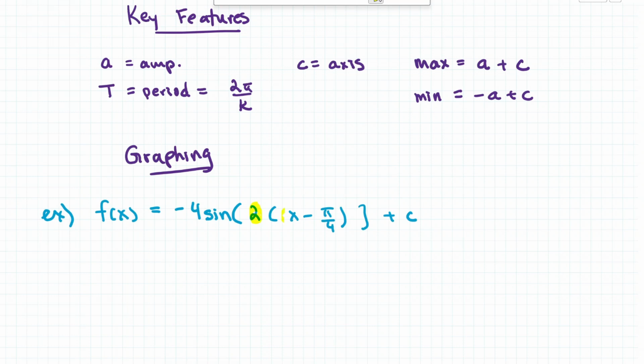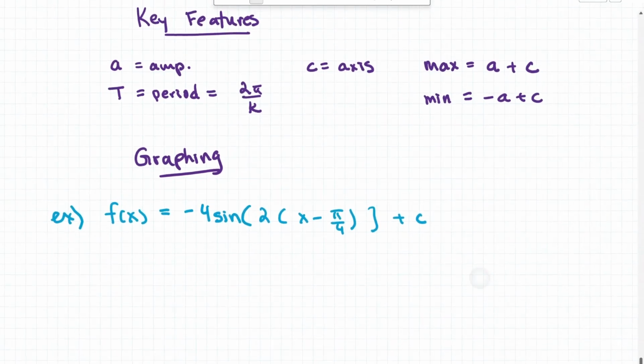X can only have a leading coefficient of 1 in front of it. If you don't factor out your k value, your phase shift is going to be misrepresented. So you always have to factor it out. In this example, I'm giving you this 2 already factored out. So just be sure to watch for that when you're doing your math tests.